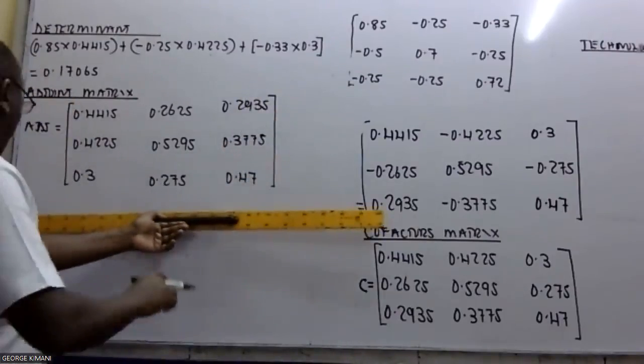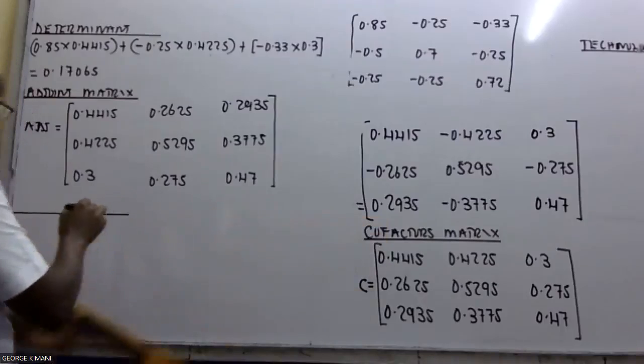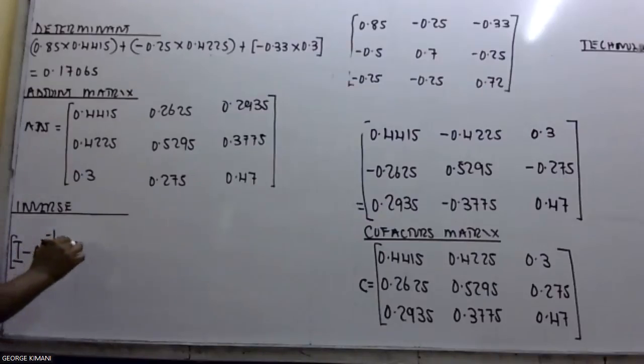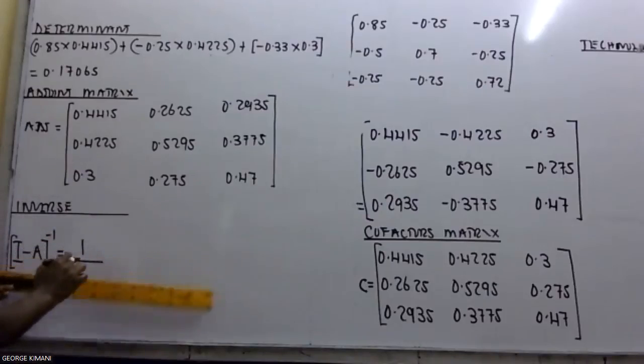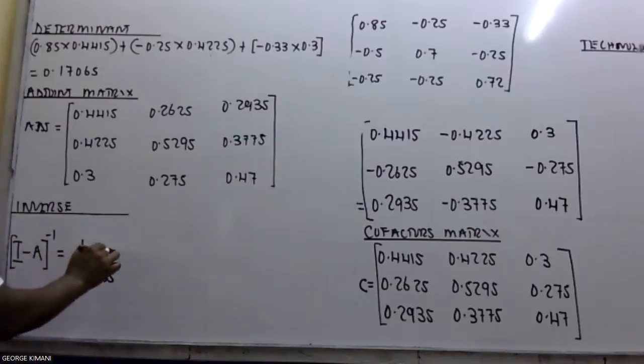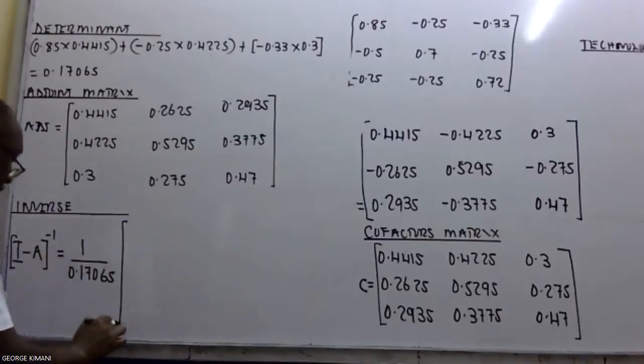The inverse now, the last step for the inverse. Now we are looking for I minus A inverse. Remember hapo ndio tulianza ile formula inverse. It is equal to 1 out of the determinant, 0.17065, multiplied by the adjoint.